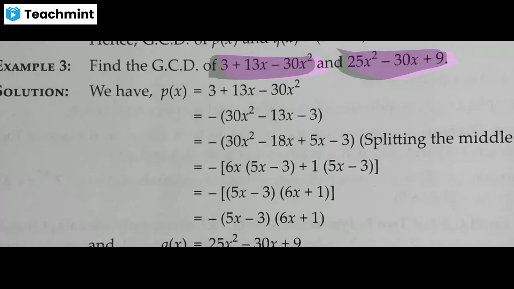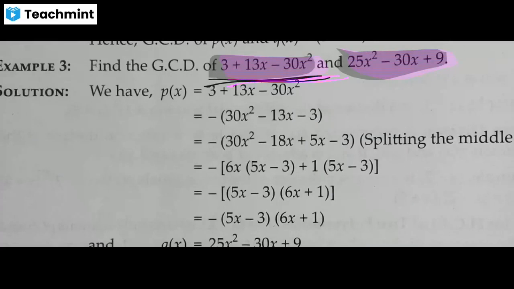One is 3 plus 13x minus 30x square. Another one is 25x square minus 30x plus 9. So there is nothing to panic. Don't simply think that it's a big question or that it might be a difficult one.